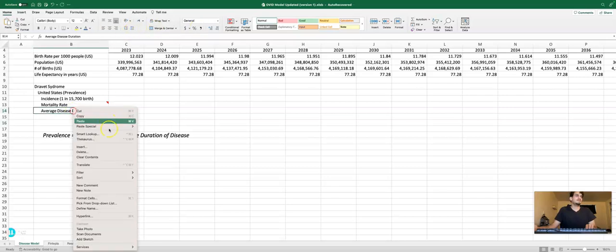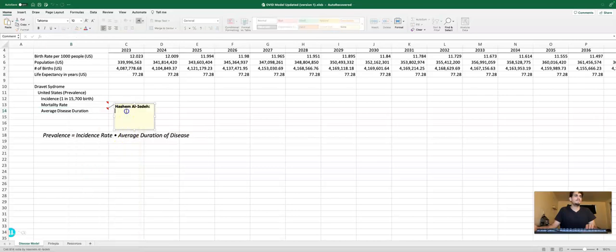Now, the data that I need here is very important. What is the data? Basically, one study found that 20% of patients died within 10 years.